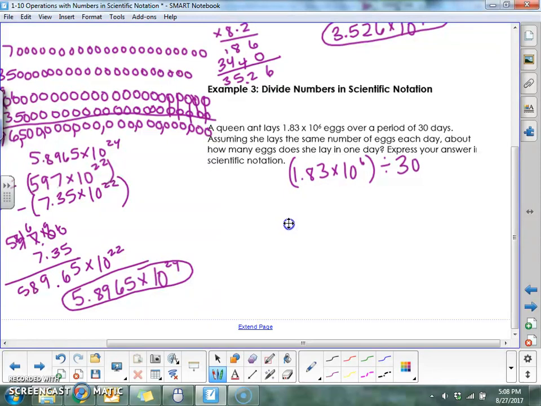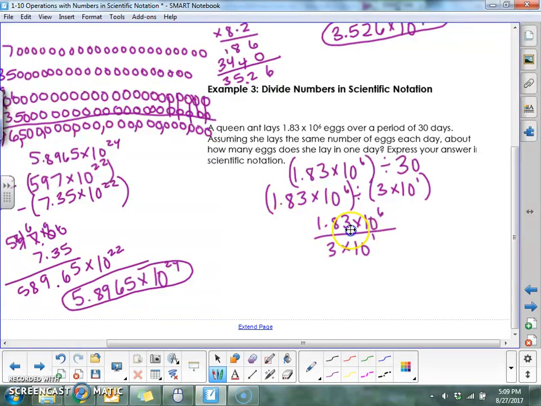Again, we need to write this in scientific notation. So I would have 1.83 times 10 to the sixth divided by 3 times 10 to the first power, because I would just be moving this over one time. You're going to rewrite division as a fraction, so we can easily divide this out.